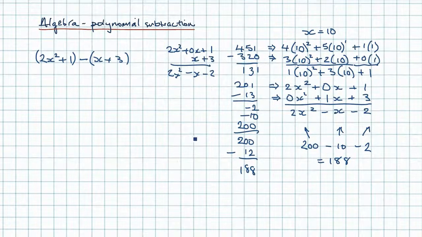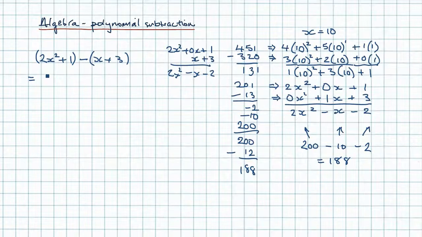So the column method works perfectly well, but when we're using a horizontal method, and we will usually be using a horizontal method, then we're going to run into difficulties with this idea of subtracting two terms, a binomial here, or a trinomial, 3 terms. What we have to do is we have to distribute this negative across all the terms within the brackets. Okay, how does this work?